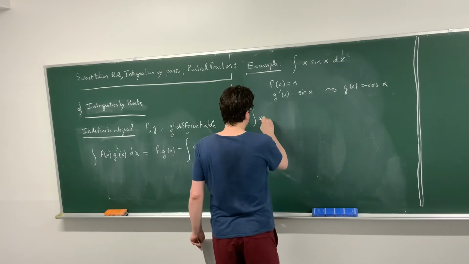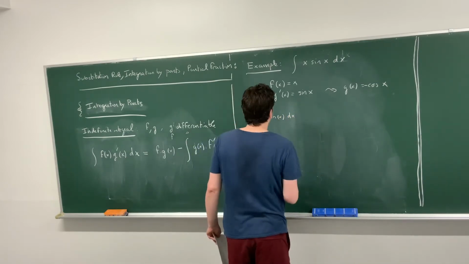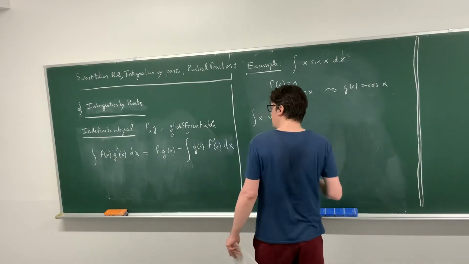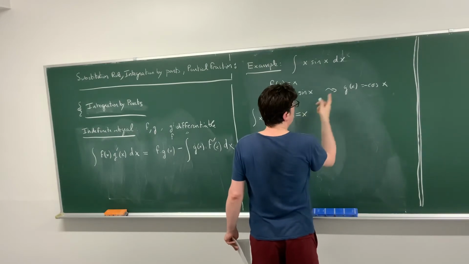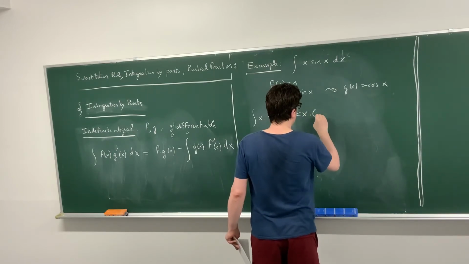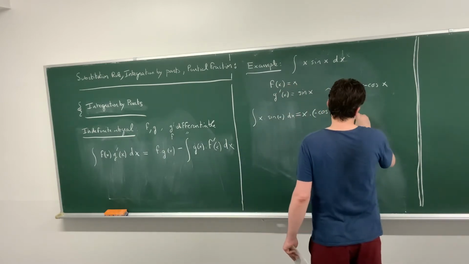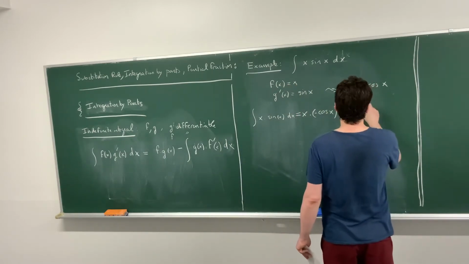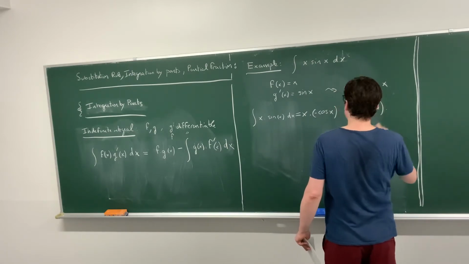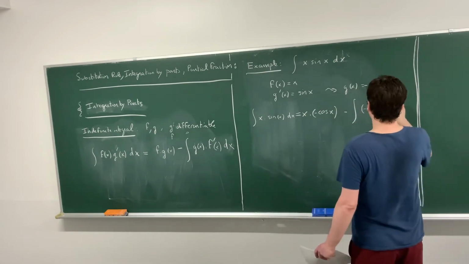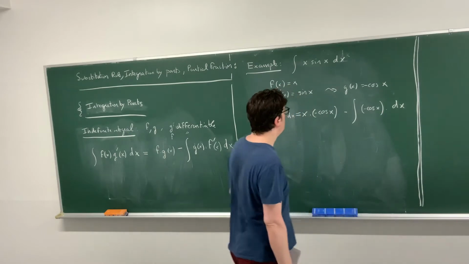So the antiderivative of x times sine x dx will be x times the antiderivative, so times minus cos x, and then minus the antiderivative of g, so minus cos x times f prime. So f prime is just 1. This is quite good.